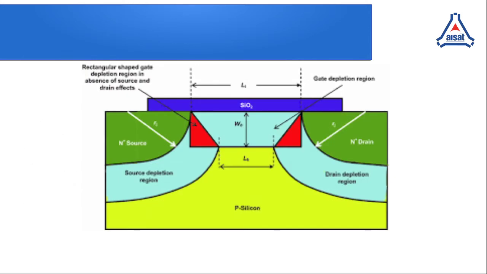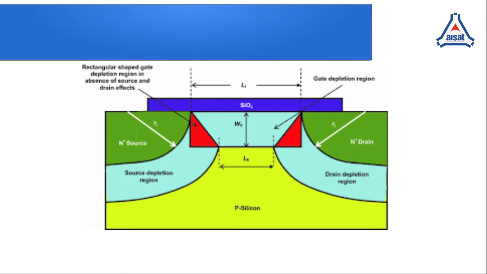This picture will help you to visualize the effect in more detail. Earlier, we had a rectangular channel beneath the gate or beneath the oxide level, which was the channel for the MOSFET. Now there is a red triangle being made on both junctions, the source junction and the drain junction, which changes the shape of the channel.